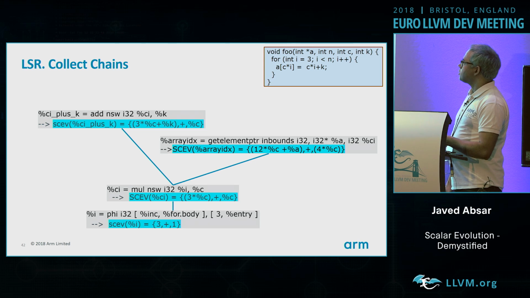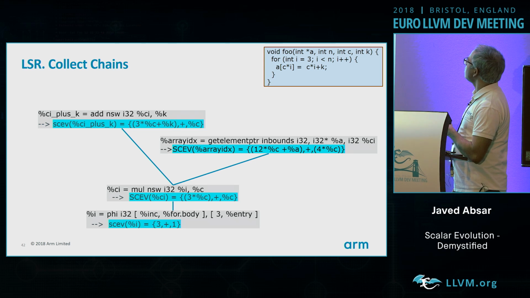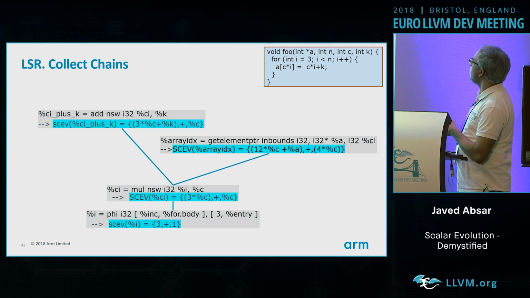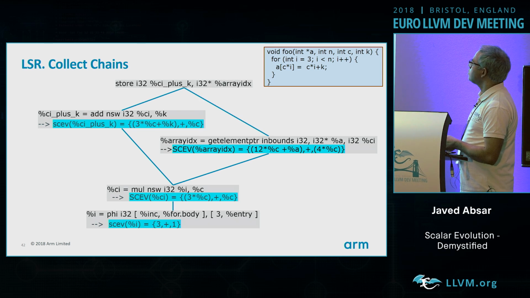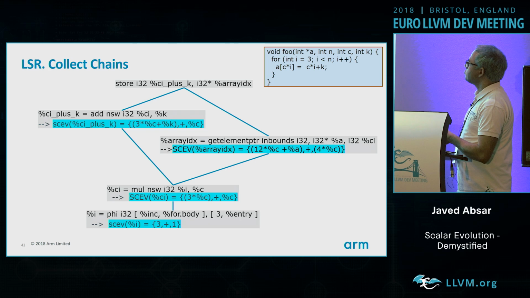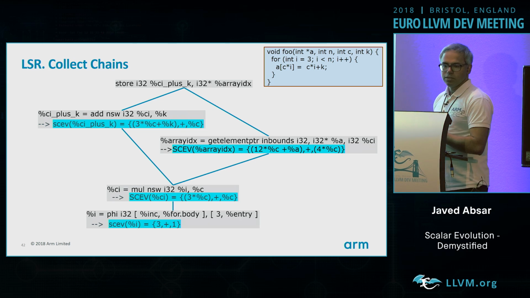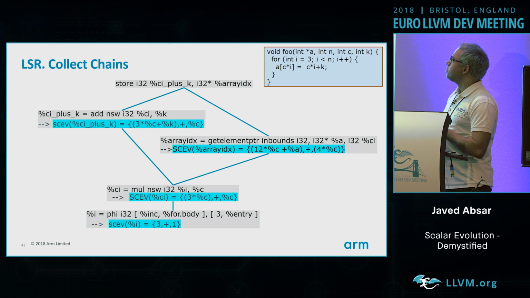And from Ci, because it's using it in two places, Ci as an address and as a computation, you've got these two paths, and you have the store instruction. So this is also called in loop strength reduction terminology the head of the loop. So it really starts looking at this and goes back and sees what do I need to compute.